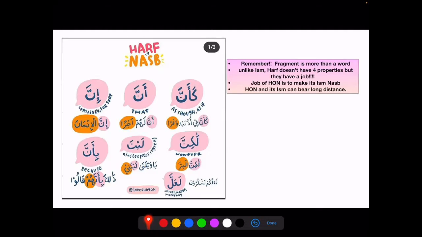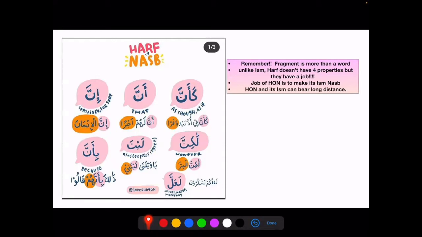Inna, anna, ka anna, bi anna. They are not having li anna over here. Laita, lakinna, la'alla. Right? So this is the order that goes smoothly. So inna, anna, ka anna, bi anna, laita, lakinna, la'alla.